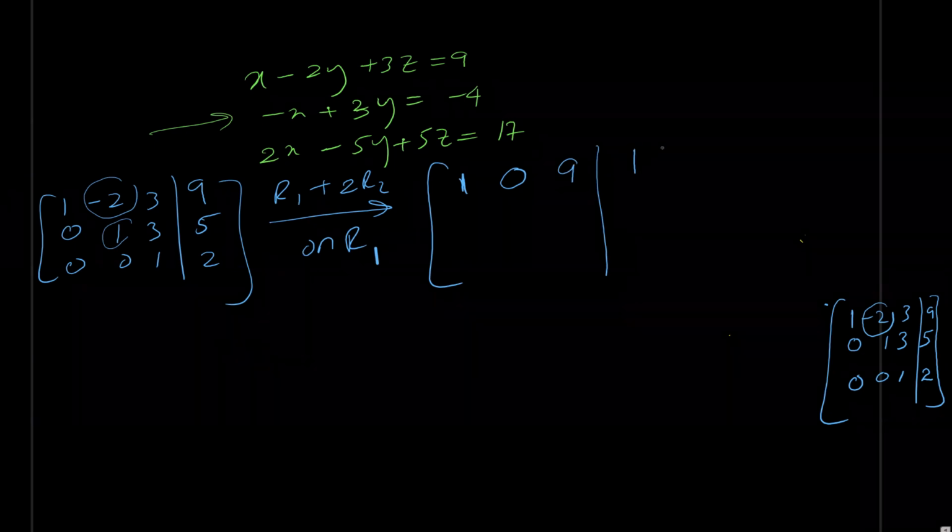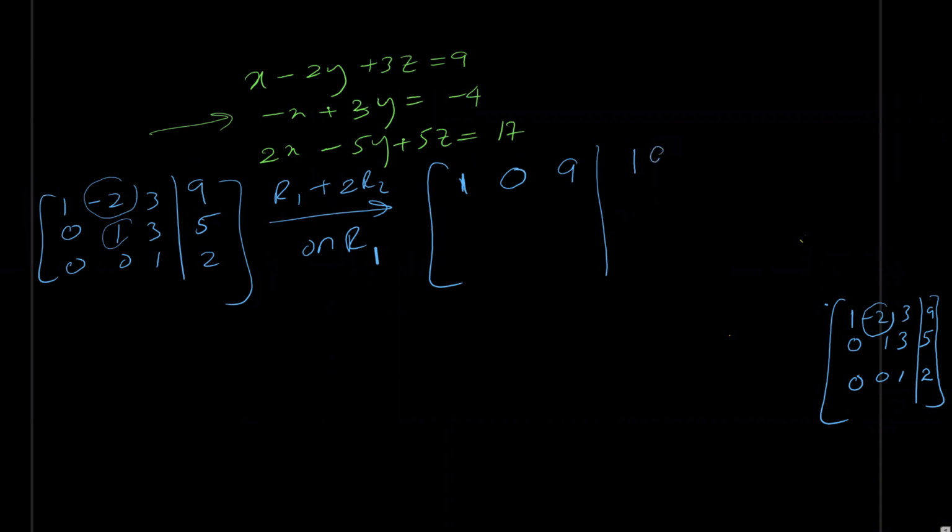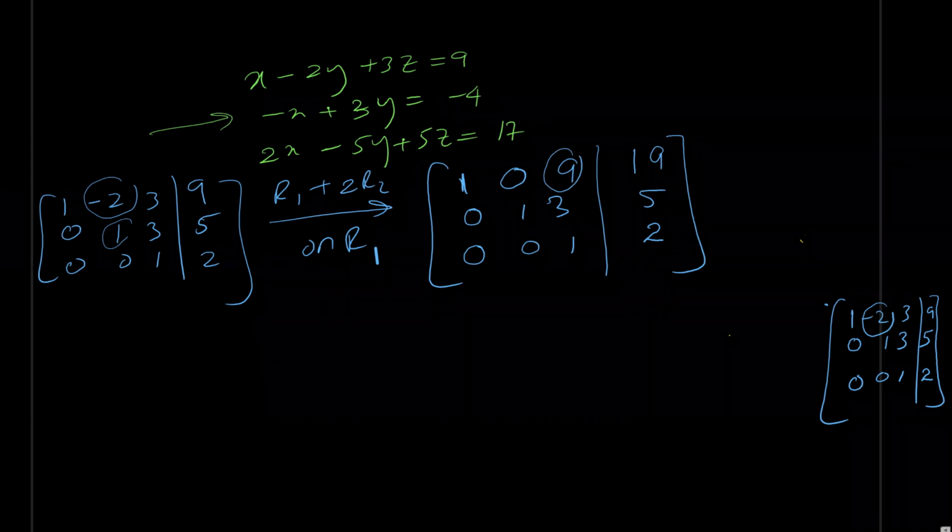So 19. And 0, 1, 3, 5, 0, 0, 1, 2. Now we can make this one disappear by doing what?